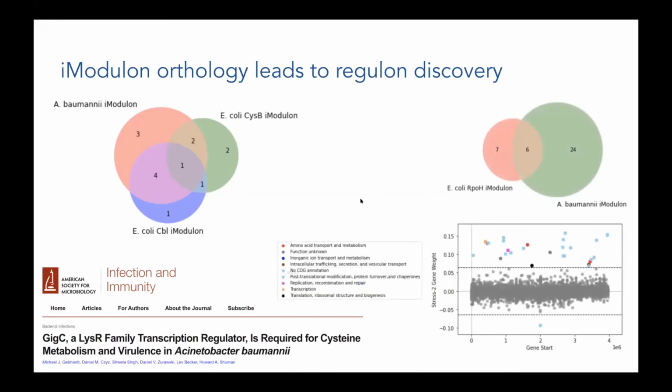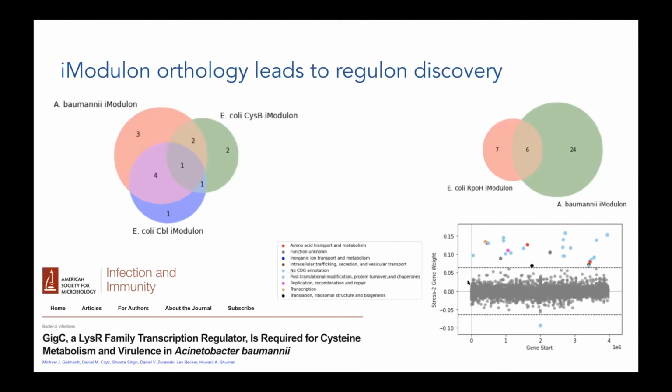And so similarly, we see that this RpoH iModulon in E. coli shares quite a few genes with the Acinetobacter baumannii iModulon. And RpoH is the protein folding chaperone iModulon regulator. And over here, we see that there's a lot of genes that are part of post-transcriptional or post-translational modification, protein turnover, and chaperones in this A. baumannii iModulon.